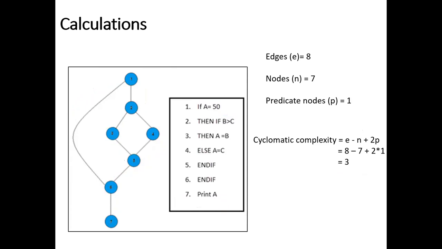So it means you have to test at least 3 basic paths, right? So how are we going to find the passing nodes of each and every path, right?